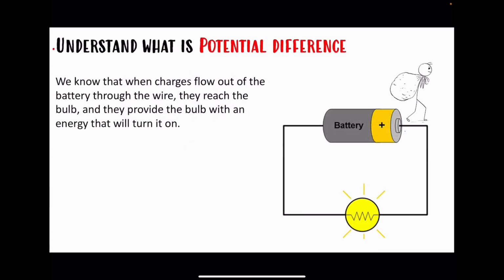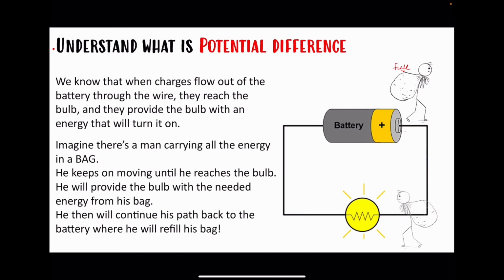Let's imagine that this bag of Coulomb is being carried away from the battery, so it will leave the battery with full energy, a full bag. And then once this man carrying the bag reaches the battery, the man will give out the energy that he's carrying on his back, leaving them with less energy than before.